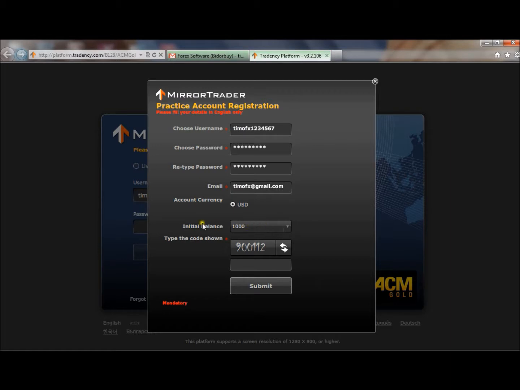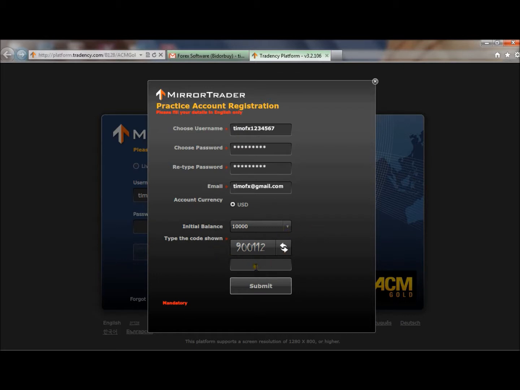Alright, and you'll see under initial balance, please just make that at least $10,000. The reason for that is you can't trade as small lot sizes on a practice account as you can on a real account. So please make it at least $10,000 or more.